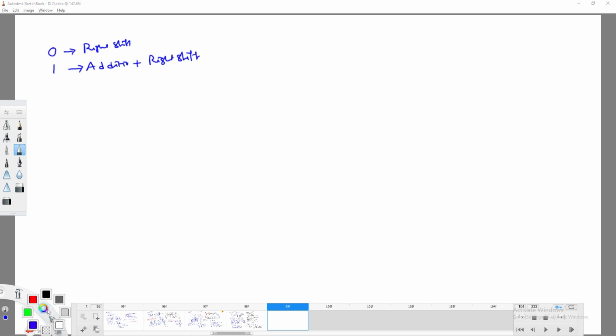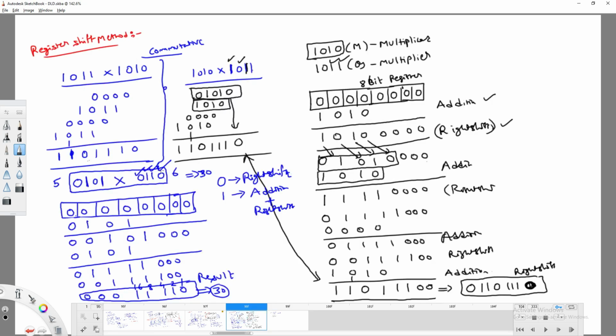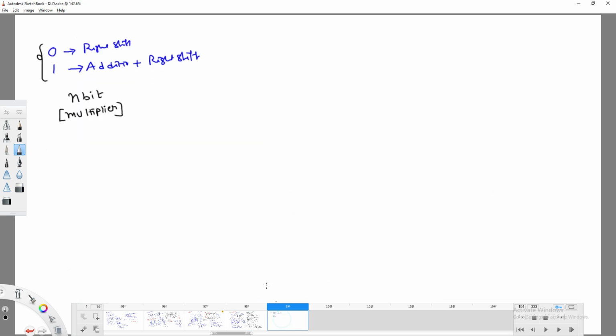I mean, if you have two n-bit numbers, and one of them is the multiplier, yes, this is purely because of the multiplier only, right? We are saying that this is based on the multiplier. If the multiplier is 0, then I simply perform a right shift. If the multiplier is 1, I perform addition as well as a right shift.